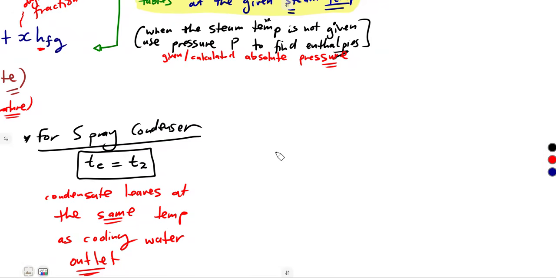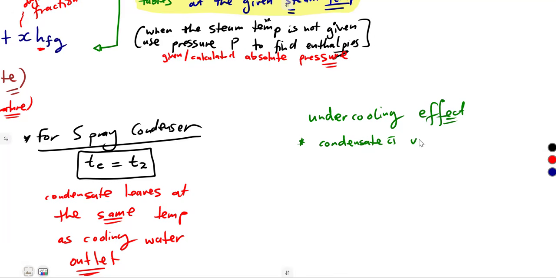They will hide that one, saying the condensate is undercooled. The undercooling effect. They can say the condensate is undercooled by, I'm just going to give an example, X degrees Celsius.